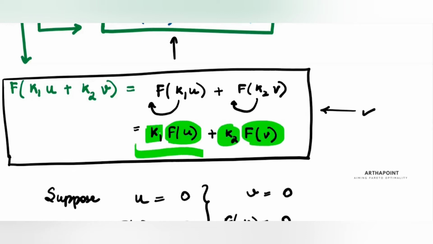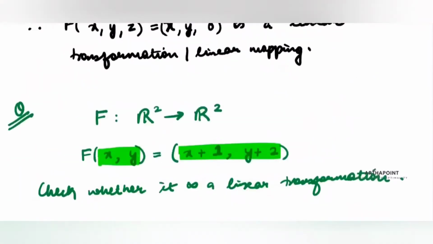If I'm able to show this equal to this, then I automatically prove that it is a linear map. So I'm directly going to show that. And that's the easiest thing to show here.